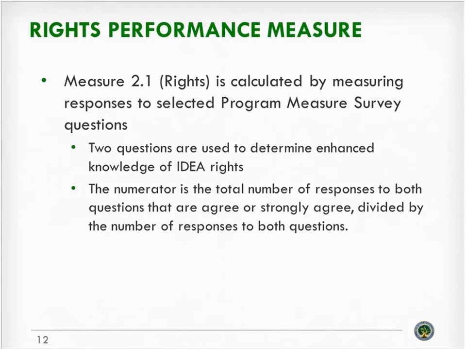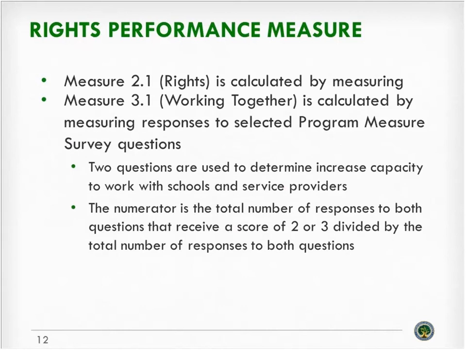Since the responses vary on a 4-point scale from strongly disagree to strongly agree, only those responses that are agree and strongly agree are counted as indicating an increased knowledge of rights and responsibilities. The total number of positive responses across both questions are then divided by the total number of responses to arrive at a percentage. Next slide.